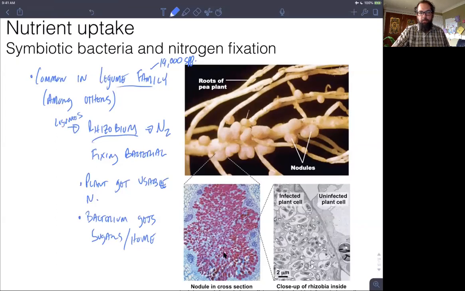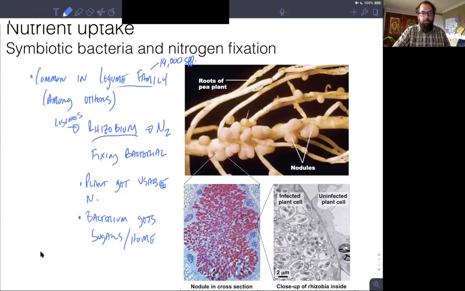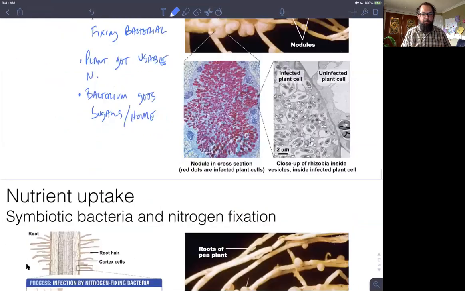And so we've got the rhizobium bacteria inside of these nodules. This is sort of the end result of the process for these plants being infected by these symbiotic bacteria.